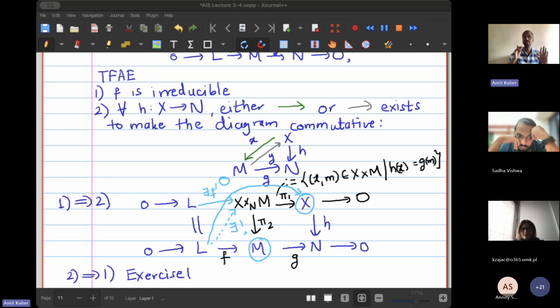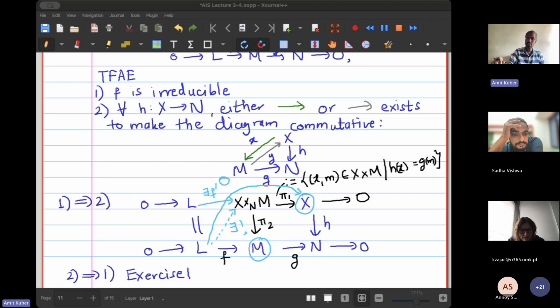Are you still with me so far? Now we have obtained a monomorphism. Then you have to argue that this is a monomorphism. Why is it a monomorphism? Just the pullback property will tell you why, and therefore the top row is also an exact sequence.